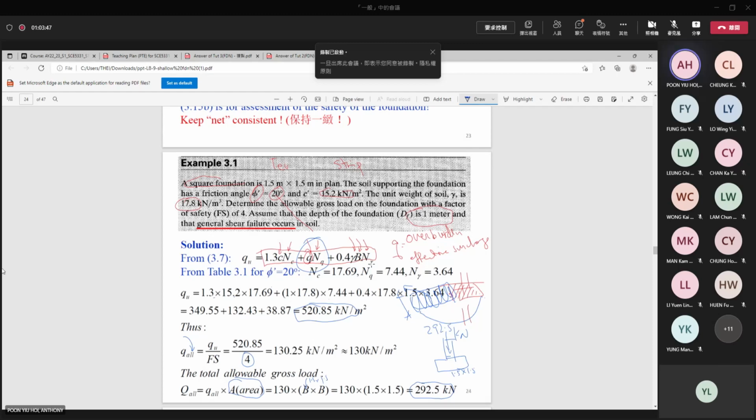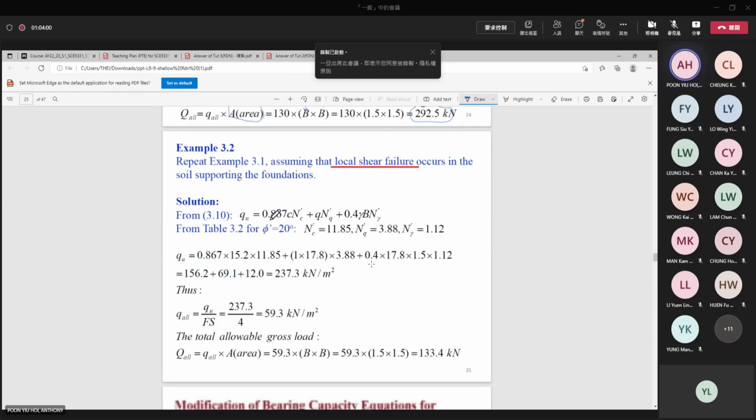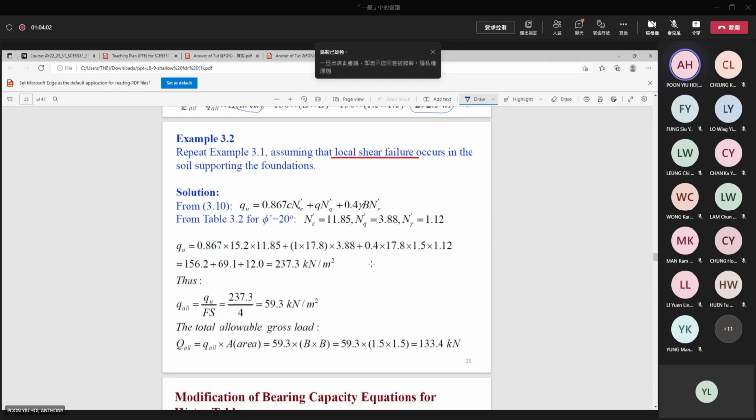So this is an example showing how to use the Terzaghi's theory. And another example is assuming that the soil is loose, and then in that case you may have to use the local shear failure mode.